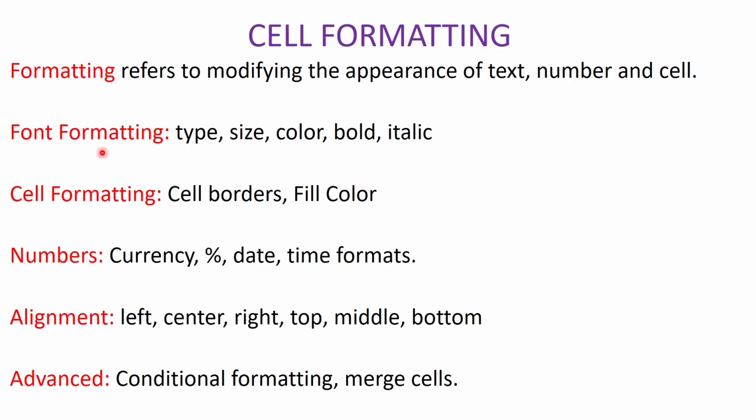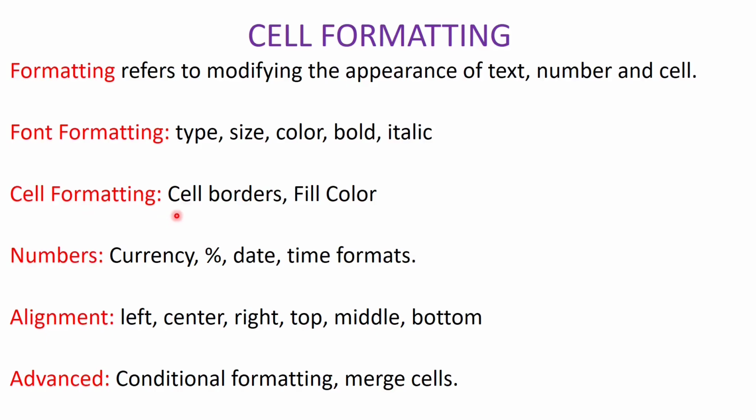There are different types of formatting available in Excel. One is font formatting. It allows you to change font type, size, color, and apply bold, italic, underline, etc. And next one is cell formatting.